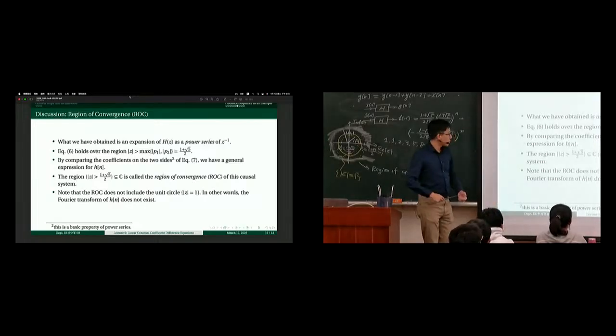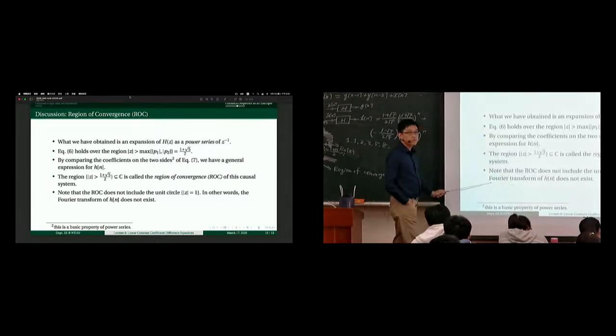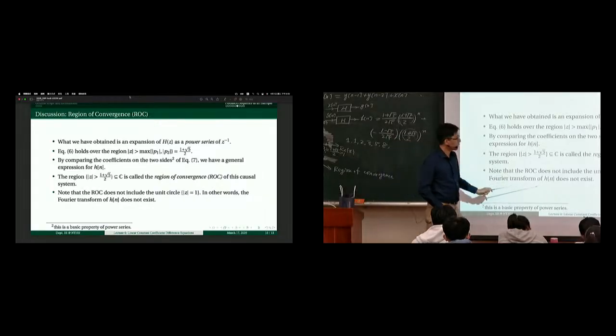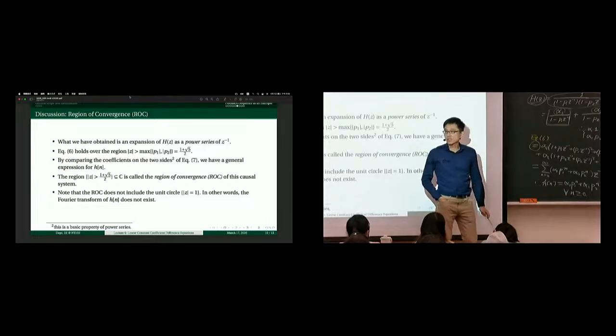And why is this important? You think about it. In other words, the Fourier transform of h of n does not exist.